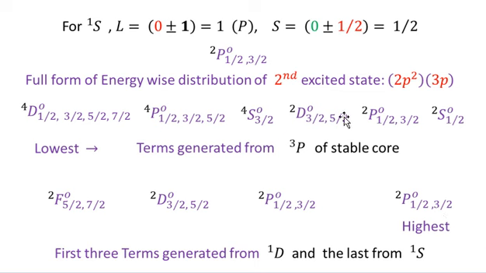You know that all these terms related with the 2p2 and 3p electrons, which was the second excited state of the nitrogen atom, have been arranged energy wise. These first three terms belong to the 1D term, and this term belongs to the 1S term. And of course, these many terms belong to the 3P term.